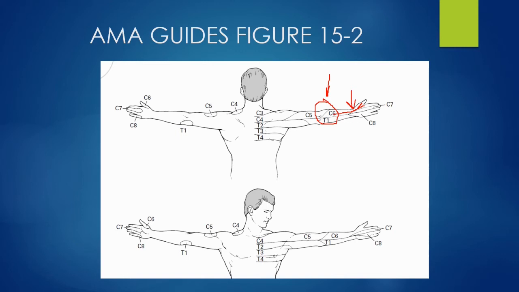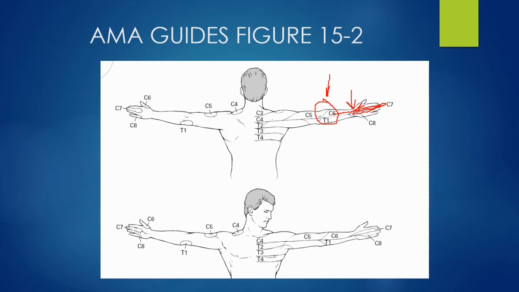And then for C7, the pain is going to be into the middle finger, which is where we know the extensor digitorum communis also attaches. So the examinee with C7 radiculopathy will also have weakness to resisted finger extension, especially of the middle finger. So cervical radiculopathy can be commonly confused with lateral epicondylitis.